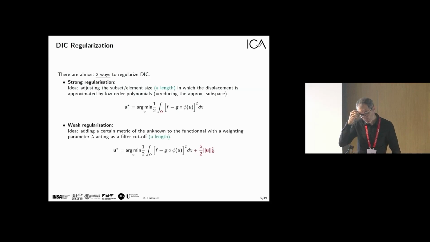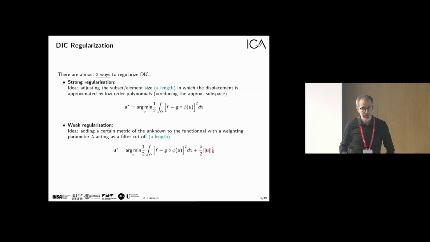Another approach, which was also mentioned yesterday, is what I call weak regularization. You let your unknown behave in a large approximation subspace, but you penalize the short-varying component of the solution by adding this red term here, which is a metric of the unknown. It can be, for instance, as said yesterday, the gradient of the solution.